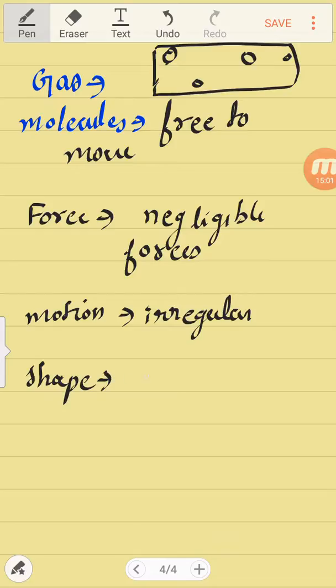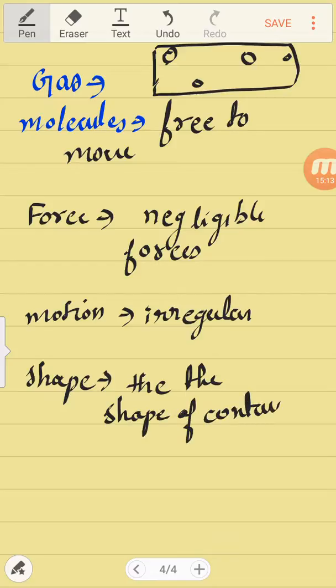Of course it takes the shape of container, like liquid. And what about the volume?